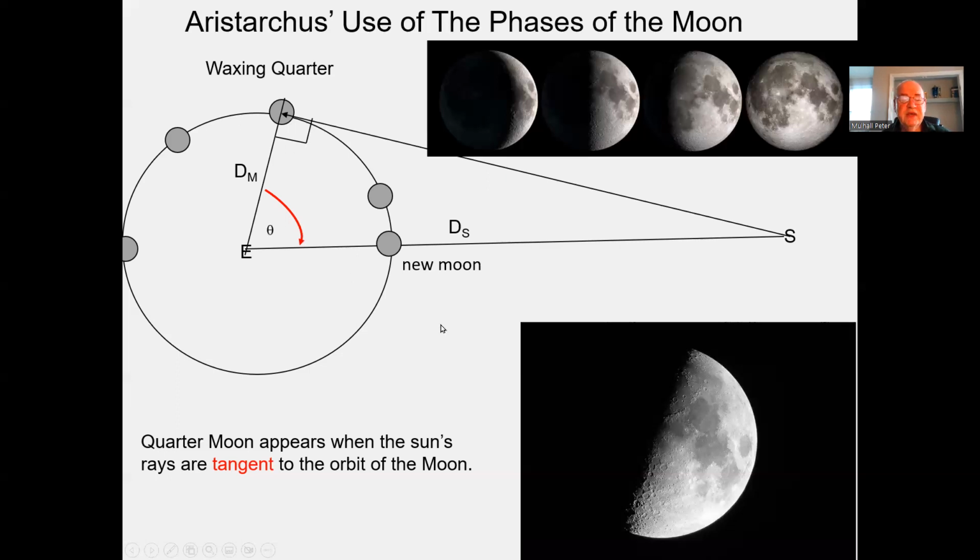With this measurement, look what he has here. For this angle, he has the adjacent and he has the hypotenuse of a right triangle. And therefore, the cosine of this measured angle is the adjacent over the hypotenuse.